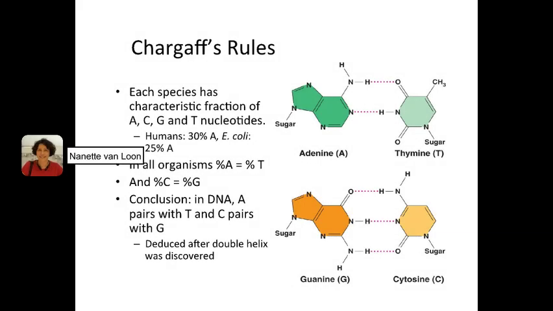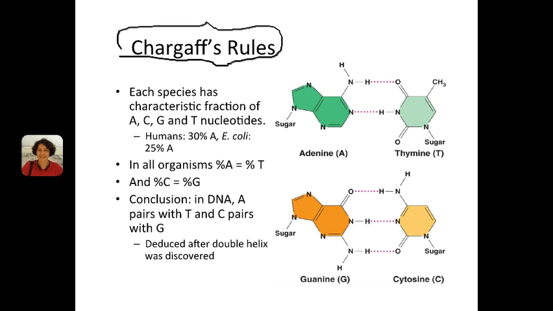This slide shows us a series of data and characteristics that were found about DNA that came to be known as Chargaff's rules, because they were discovered by Erwin Chargaff. So the first thing was that he found that each species has a characteristic percentage of A, C, G, and T nucleotides.